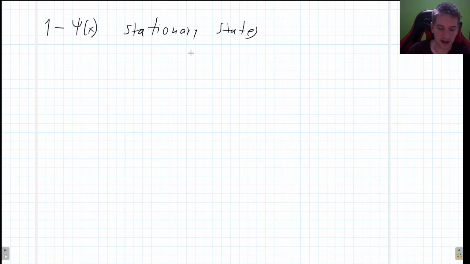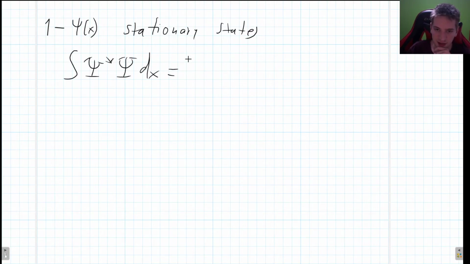As you can easily check, the expectation values are also going to be stationary, they're not going to be changing. And you can also see that its normalization is going to continue being the same. It all comes from the fact that if you do this integral of this big psi, this is just the probability dx.